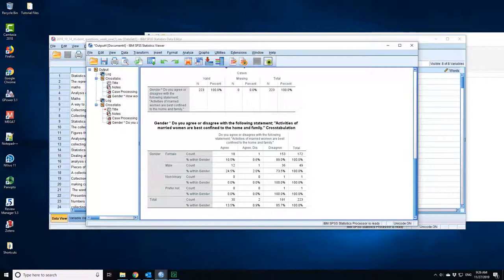They're sitting on the fence. So you have 18 agree, 153 disagree. So 10% agree, 89% disagree. Whereas in males it's 24.5%. This means they're roughly 2.5 times more likely to agree with the statement and have a conservative social view compared to women.